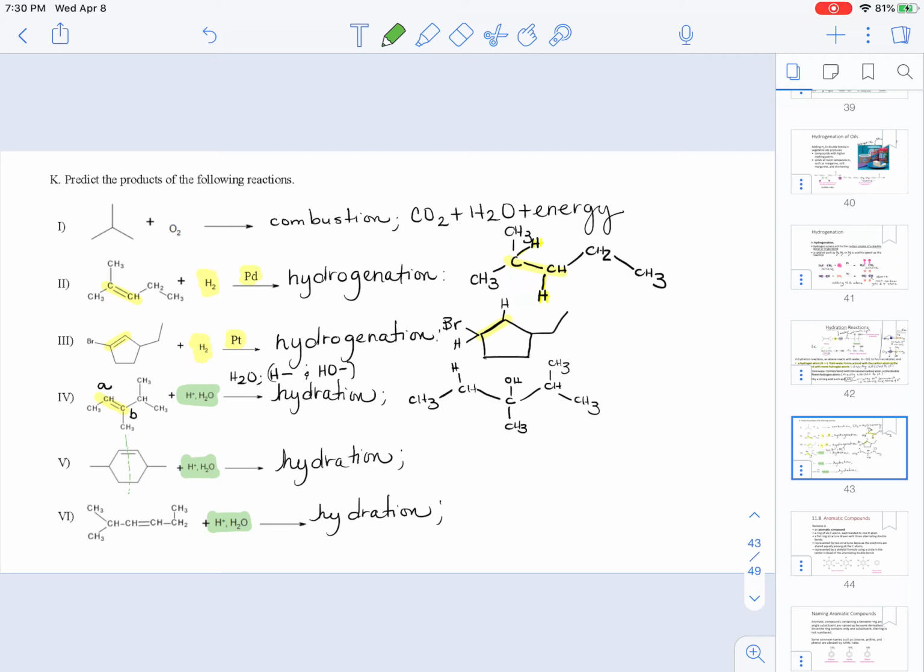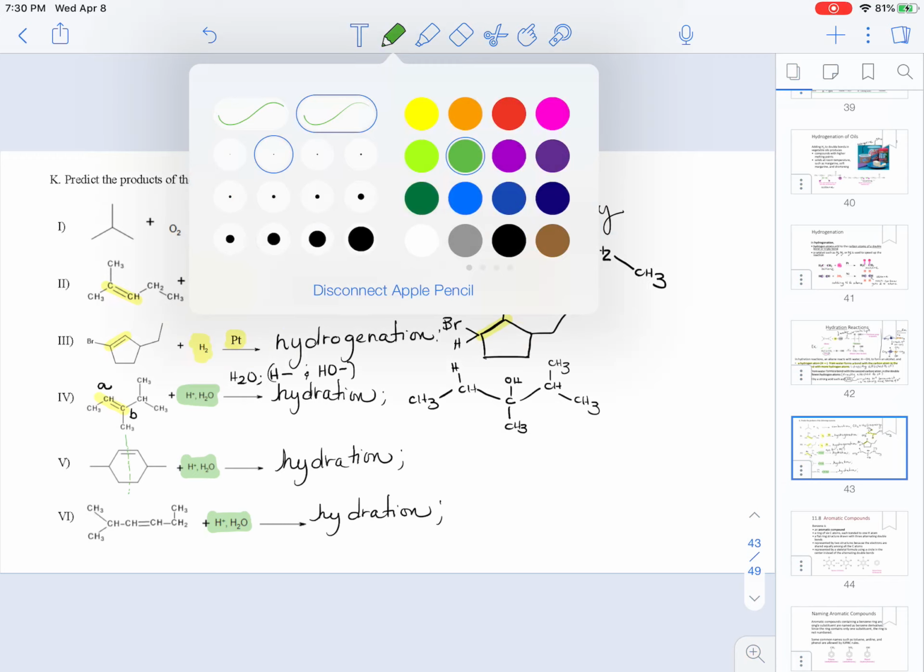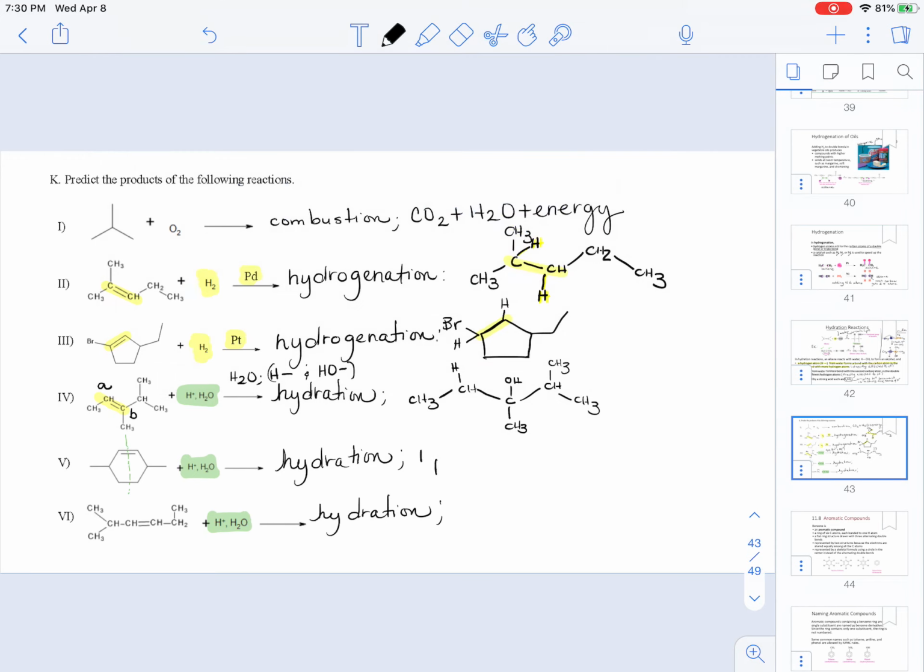In those cases, when we perform a hydration reaction, remember, we are going to be producing one product. And that single product is going to be one in which, again, we're going to write the molecule that we started with.